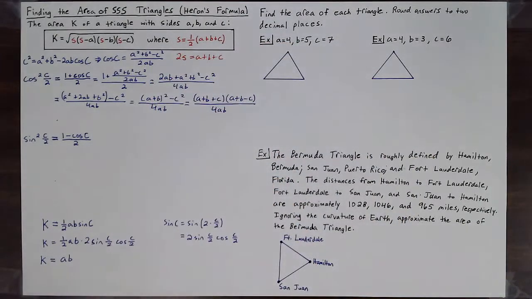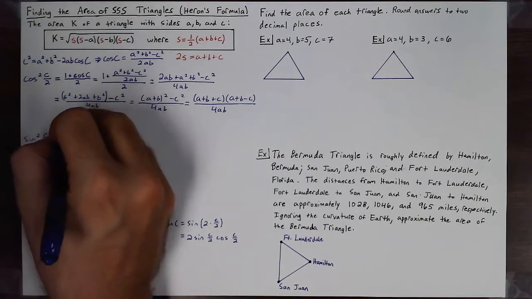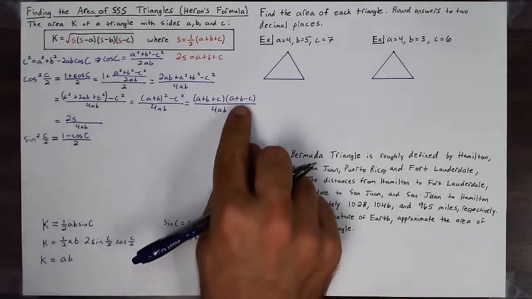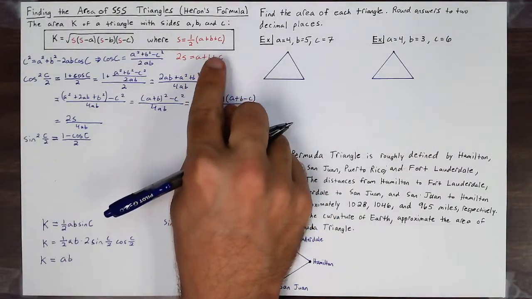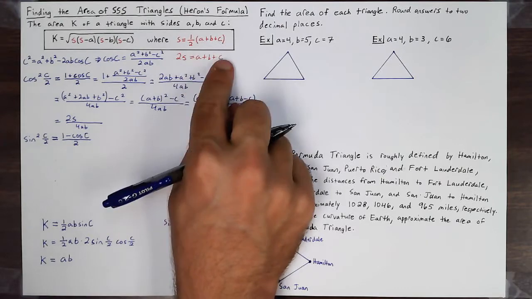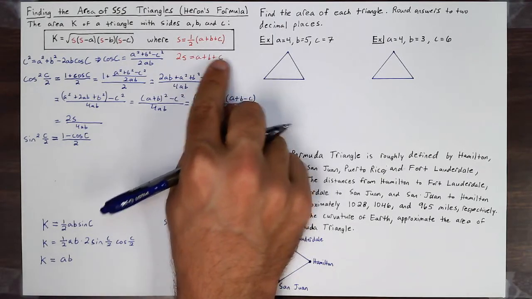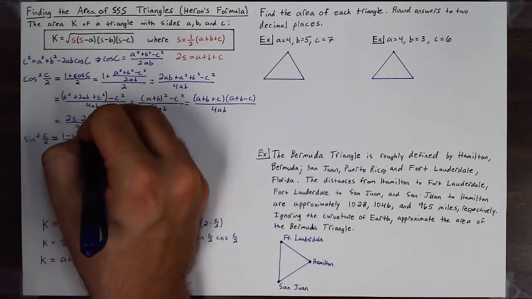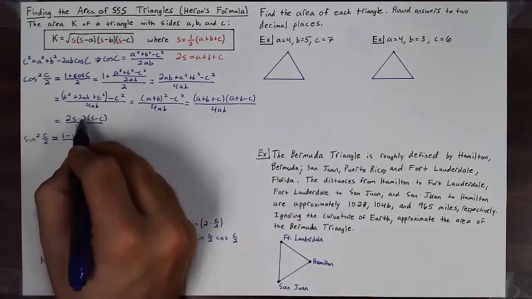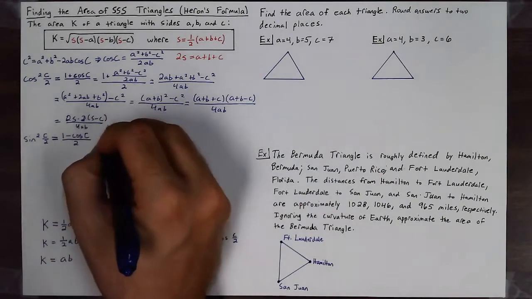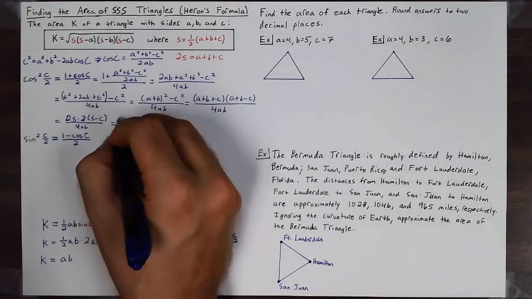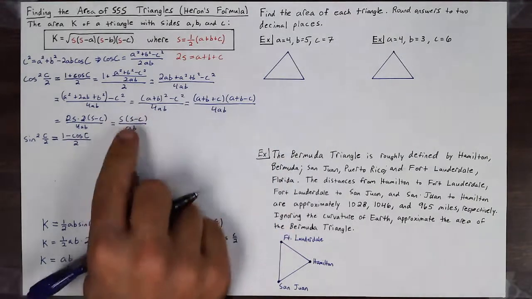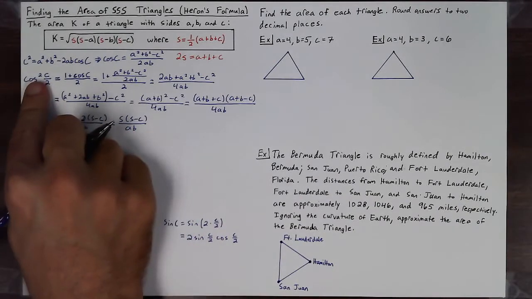So that numerator can be replaced with 2s, all over 4ab. But a plus b minus c is not the same. But if I subtract 2c from both sides, I'll have 2s minus 2c, which can be written as 2 times s minus c. So the 2s can cancel with the 4, leaving me with s times s minus c all over ab.